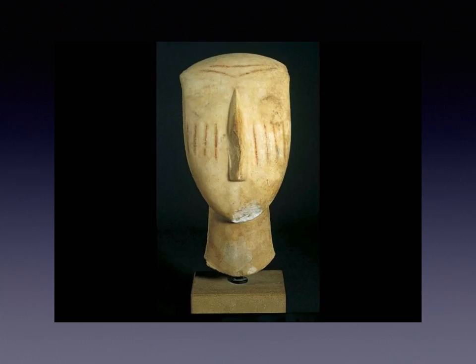When we get to the second sculpture on our Cycladic lecture guide, the head with painted decoration, what are we looking at here? Is this part of a ritual scarification?